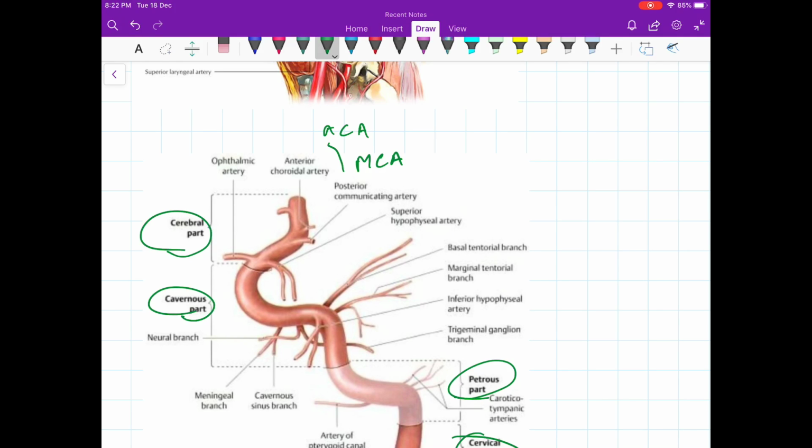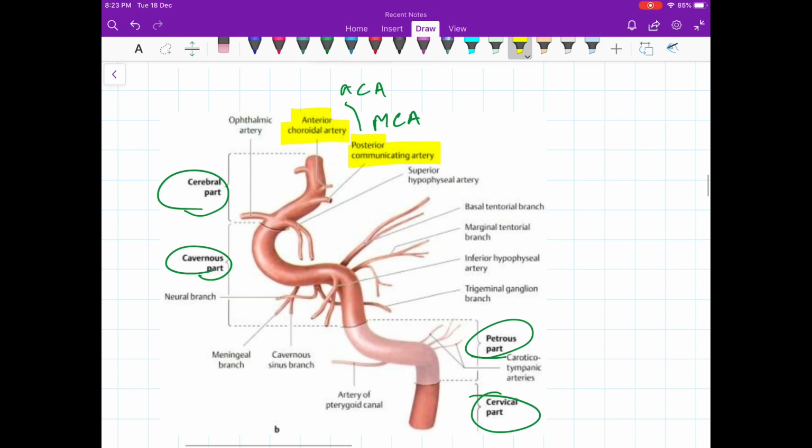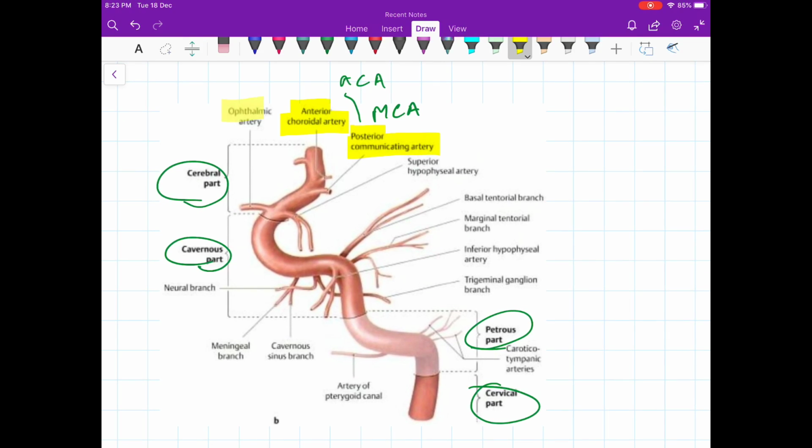So some branches that I want you to know that are branches of internal carotid artery, which we always confuse, is anterior choroidal artery. Then posterior communicating artery. This is also a branch of internal carotid. And ophthalmic artery.